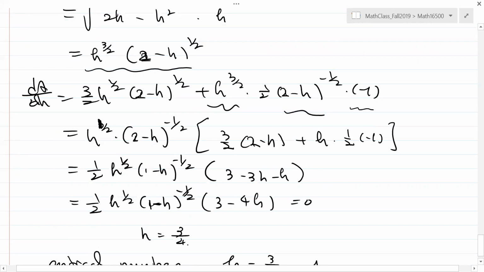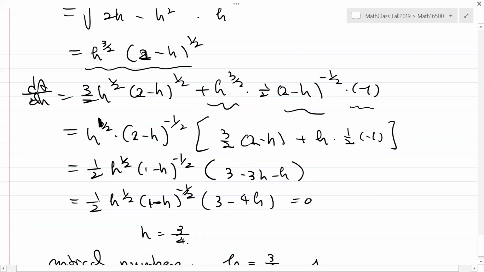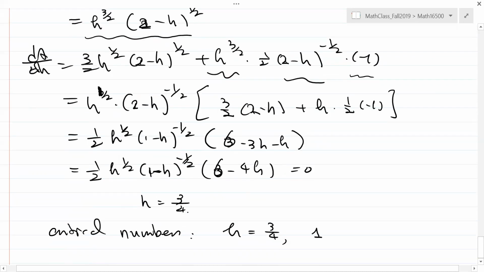Okay, so I got 2, 2, 2. Then it's correct. Okay, so that is going to be 6 minus 3 minus 1. So h will be 3/2, but we still have 2 critical numbers.